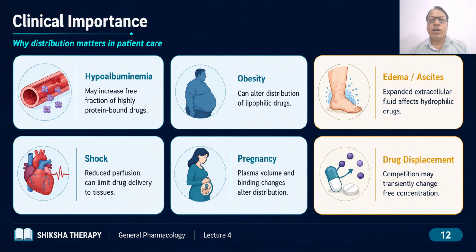Similarly, edema or expanded extracellular fluid volume can affect the distribution of hydrophilic drugs. Displacement from protein binding sites may also temporarily change the free drug concentration. Therefore, patient-related factors must be considered while selecting and adjusting drug dose.